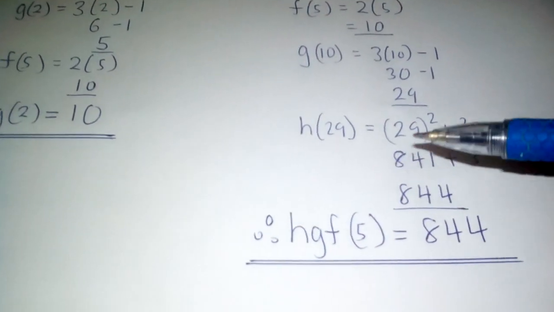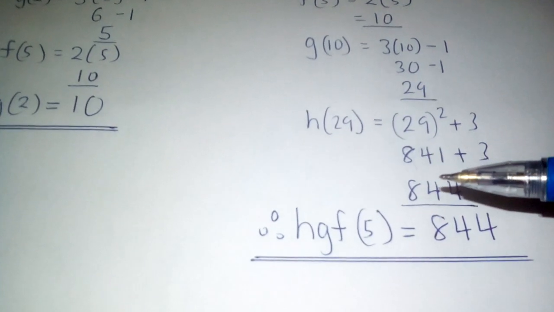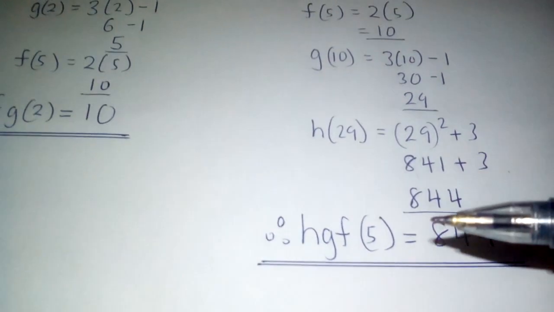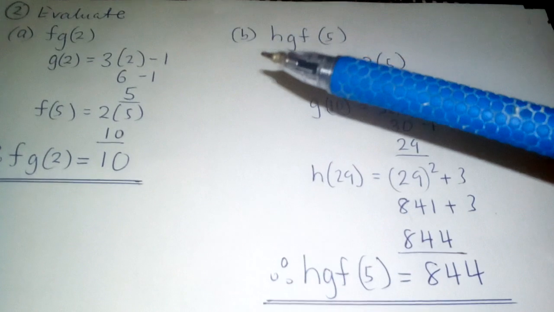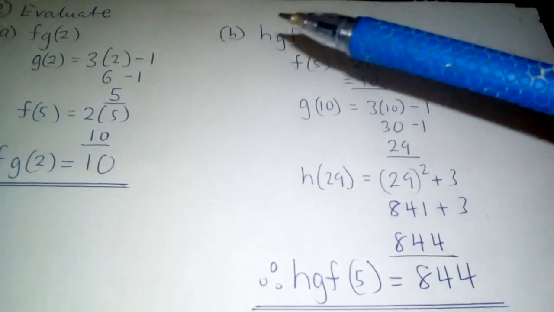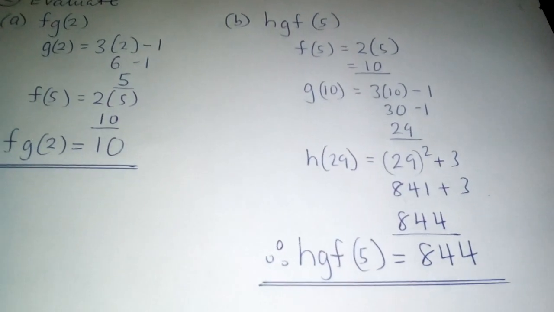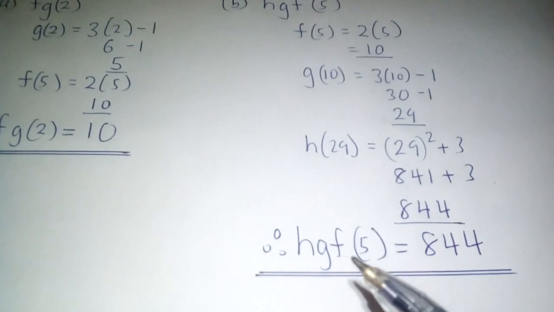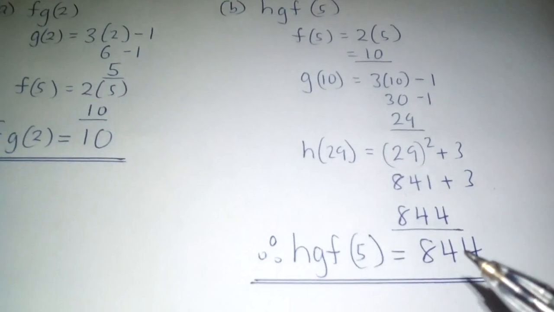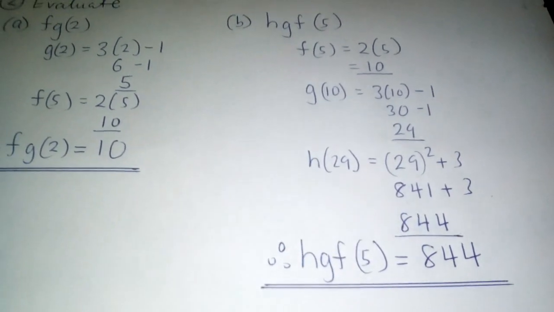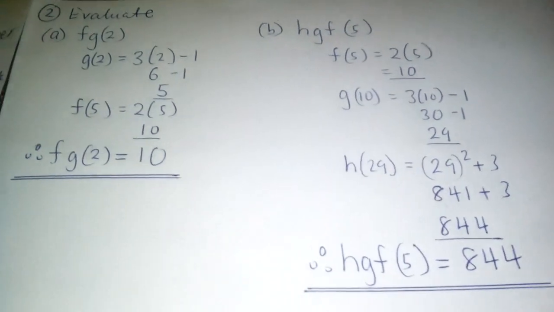After that, I square 29, I get 841 plus 3, then I get 844. And my whole composite function HGF of 5 will now be 844.